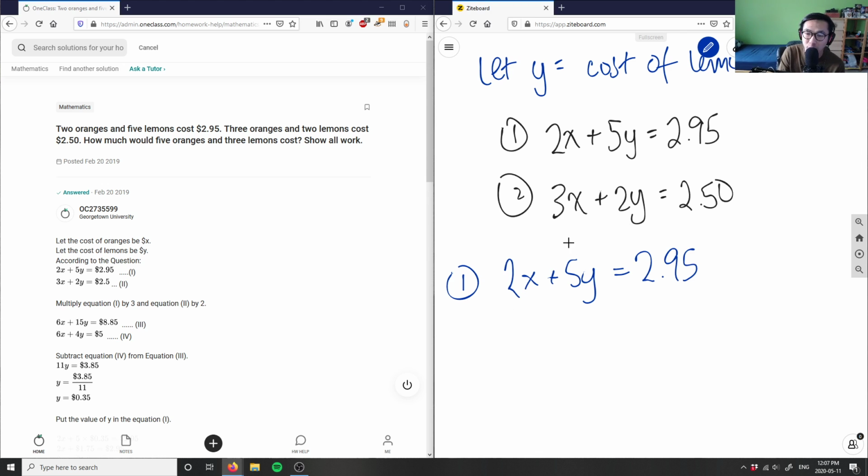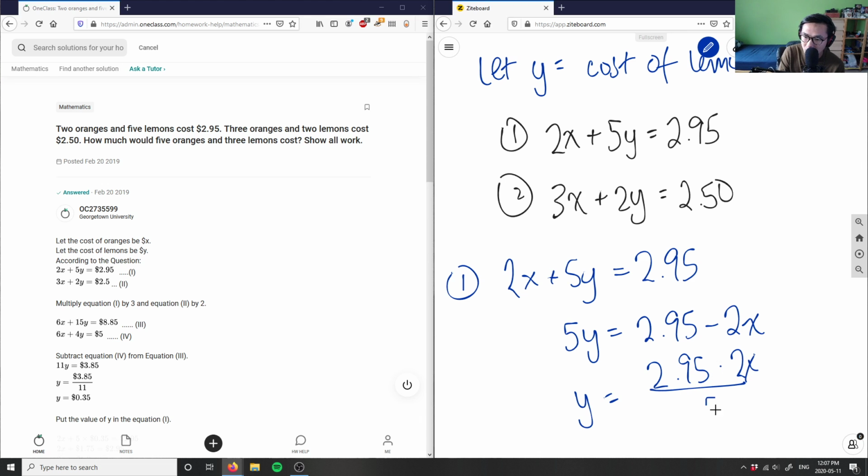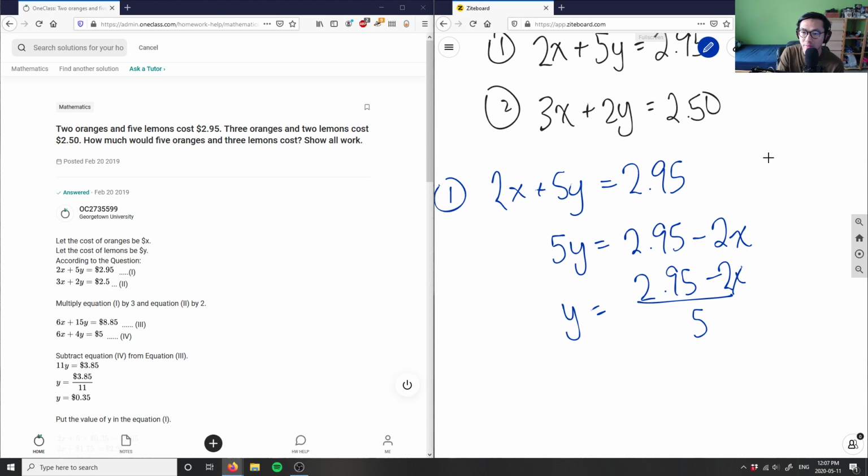I'm going to move 2x to the other side, so 5y equals $2.95 minus 2x. Then I'm going to divide everything by 5, so y equals $2.95 minus 2x, all over 5.